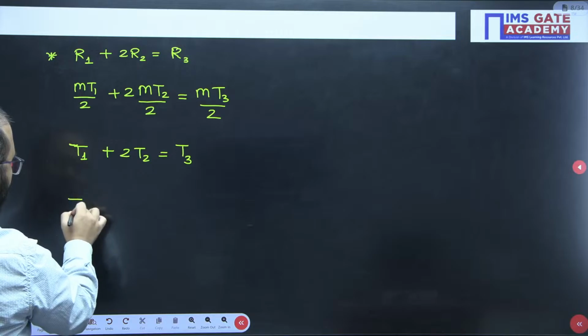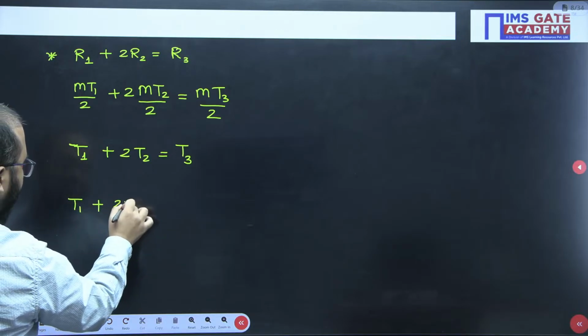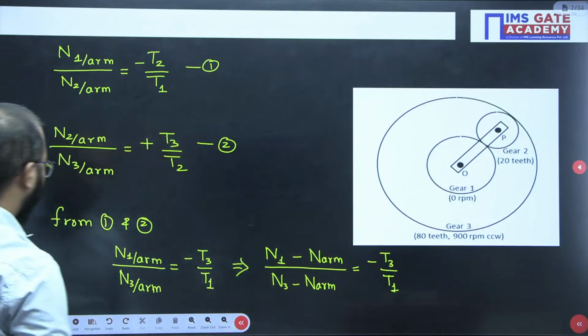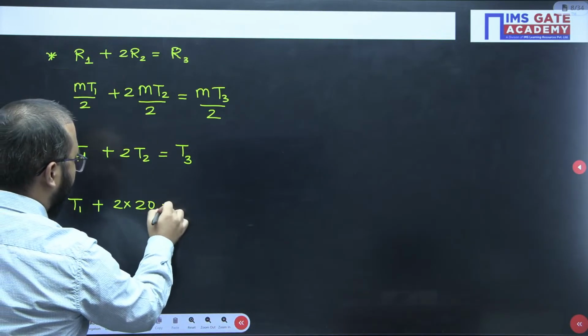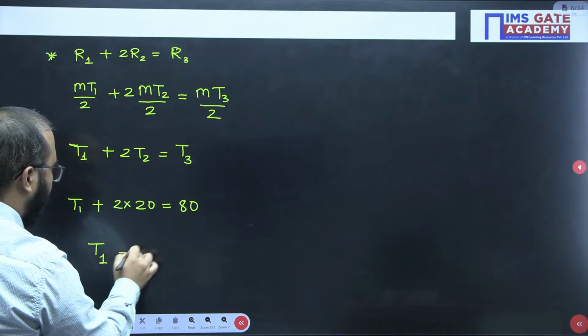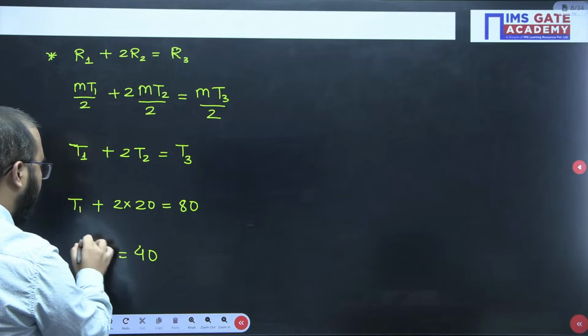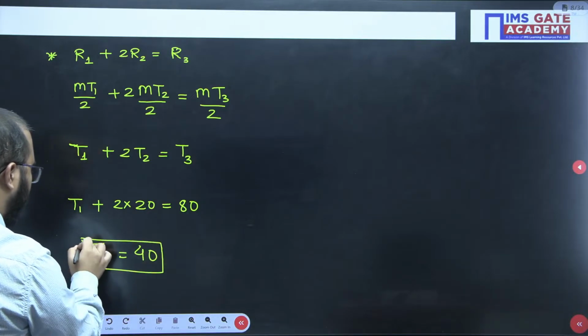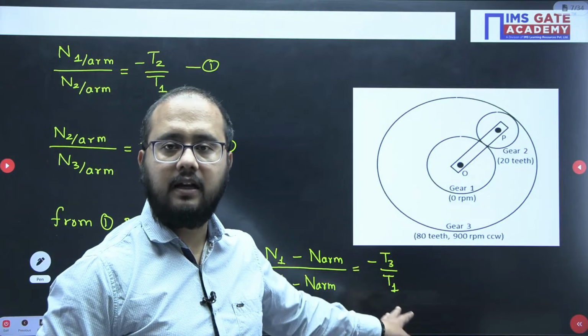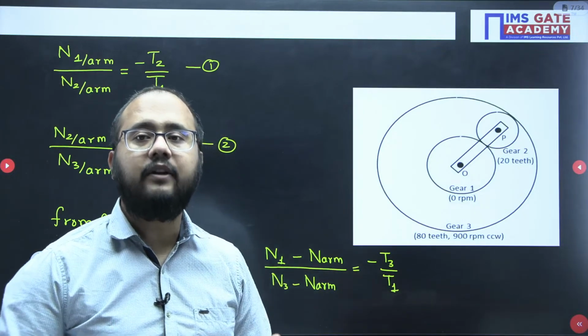So T1 equals T3 minus twice T2. T2 value they have already given us as 20 and T3 is 80. So the T1 value will come out to be 40. So this is the value of T1 we have solved from the relation. Now we can easily solve it, using this relation we can get the answer, because T1 we have solved.